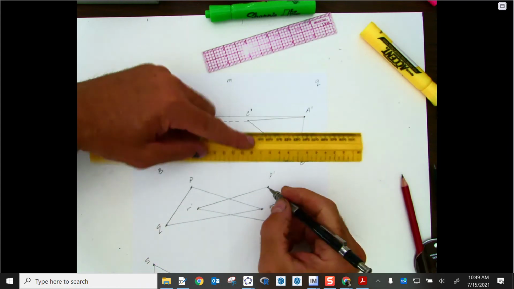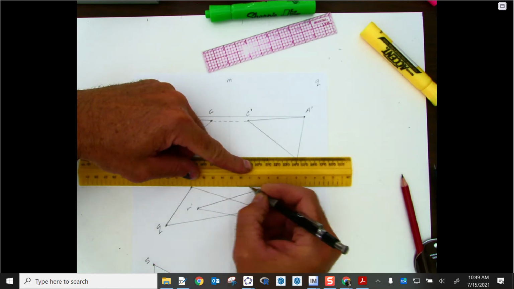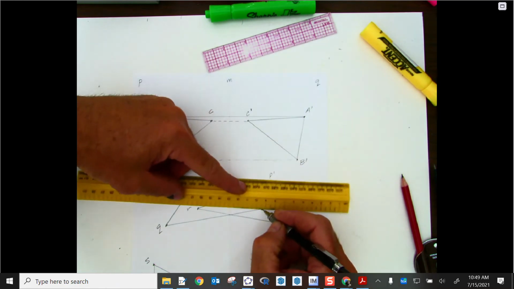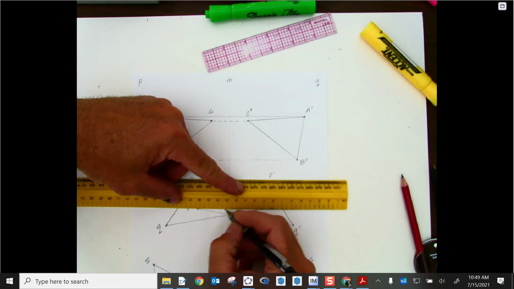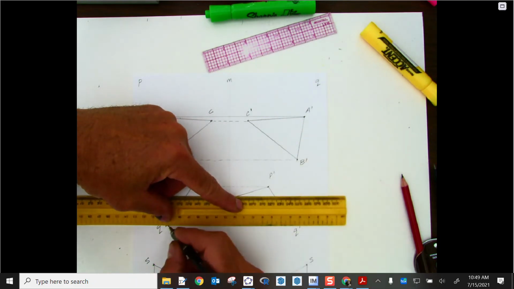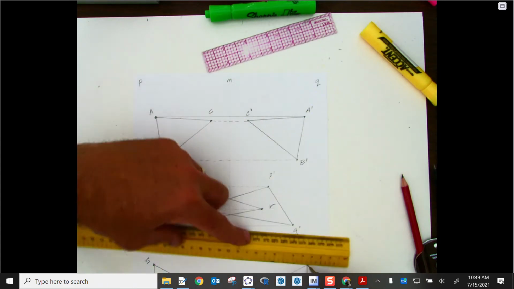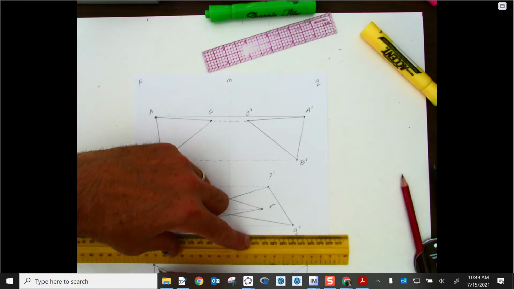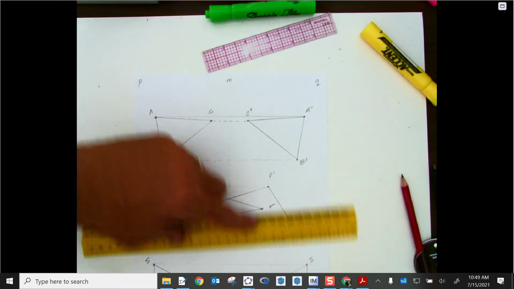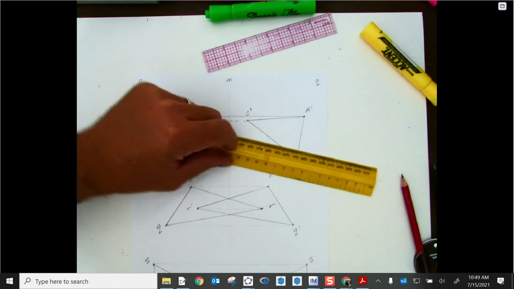I'm going to do it sort of light, try not to muddy the picture up too much. Something like that. Looks like that line is just along there.